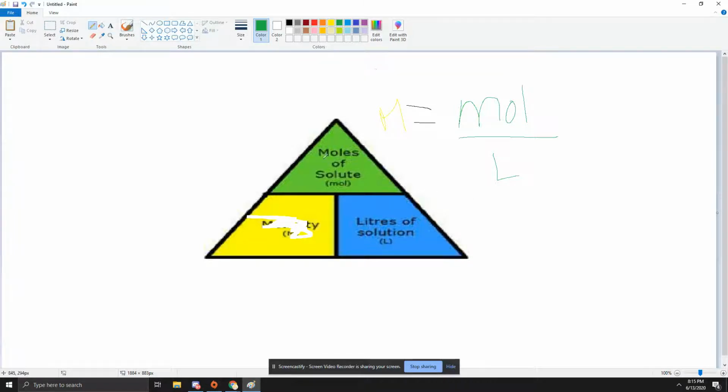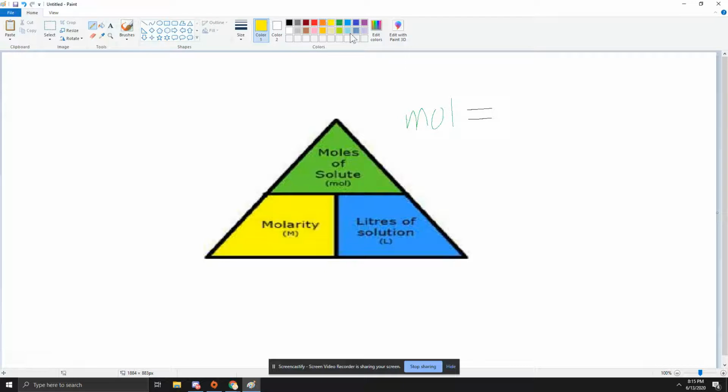So next, imagine we don't know the mole of the solution. So how are we gonna figure it out? Okay, so what we do know is the molarity and the liter of the solution. So mole is unknown, but what we do have is the molarity.